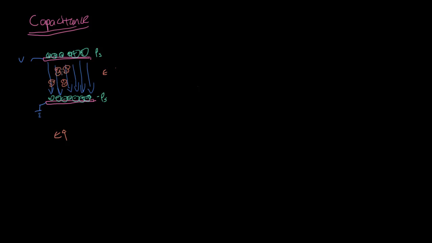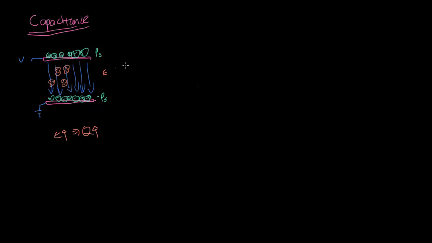The increased epsilon means that you create more strength in these dipoles that counter the electric field, which means that you will need more charge to create the same potential of V volts between this plate and this plate.